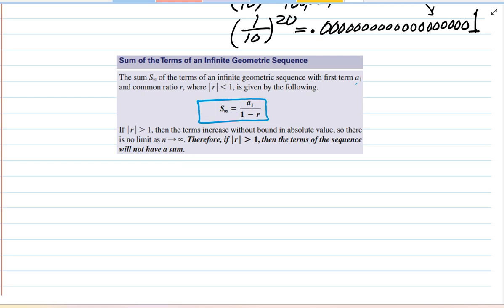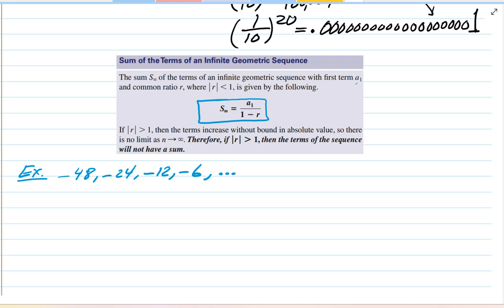Okay. So let's take a look at an example of this one. Just probably one example suffices. Suppose my geometric series is negative 48, negative 24, negative 12, negative 6, and so on and so forth. This is an infinite geometric sequence.